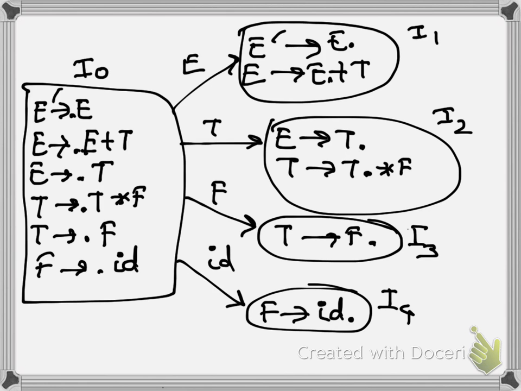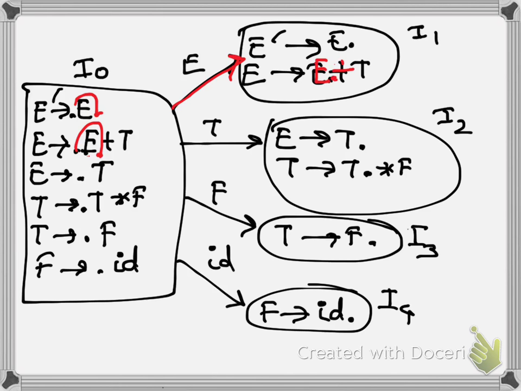I0 on E goes to I1, and here you can see there are two productions. From I0 the dot moves over E, so you get E dot. Similarly, when there is an E here, the dot will move to the next, so E dot plus T.